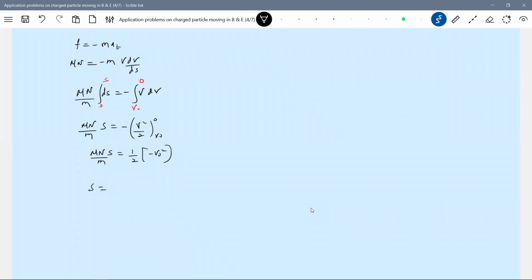The value of s is needed, so this will become m v naught square over 2 mu N. What is the N we assumed it to be equal to? mg plus qE naught.